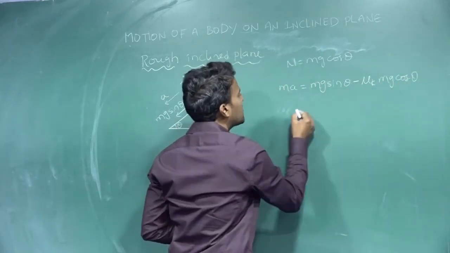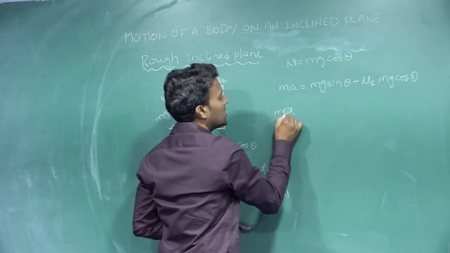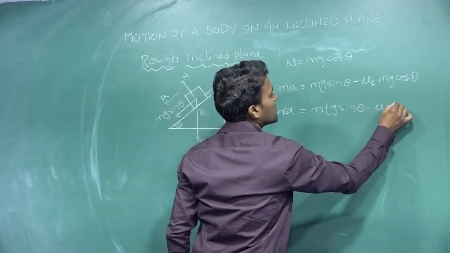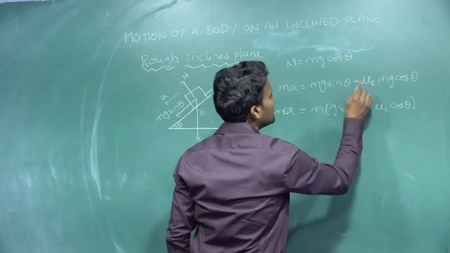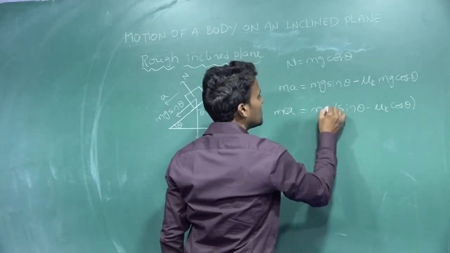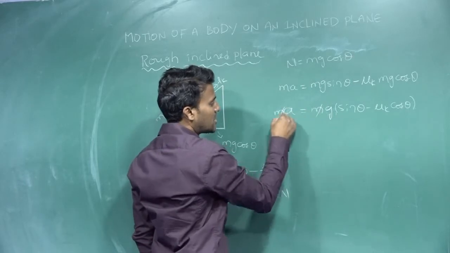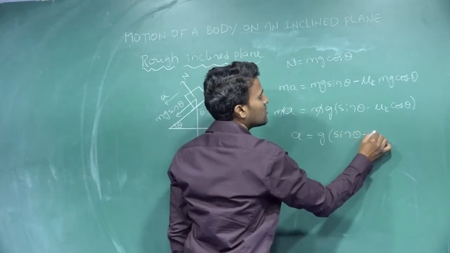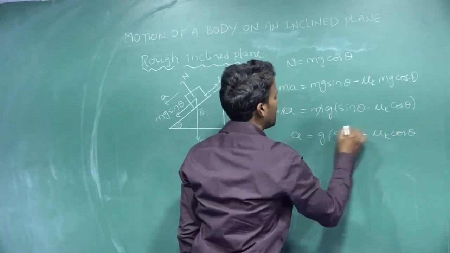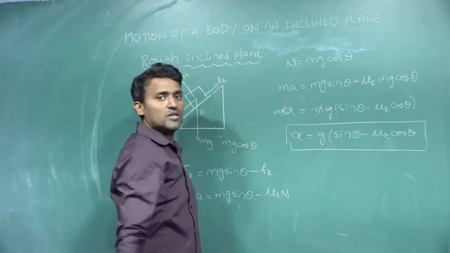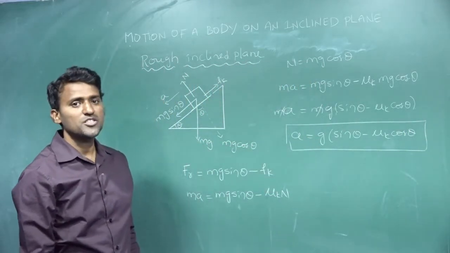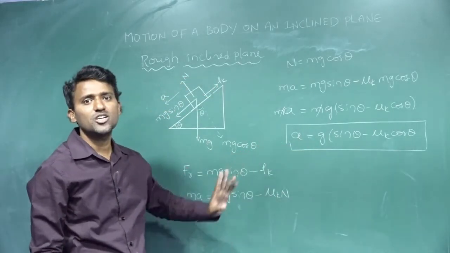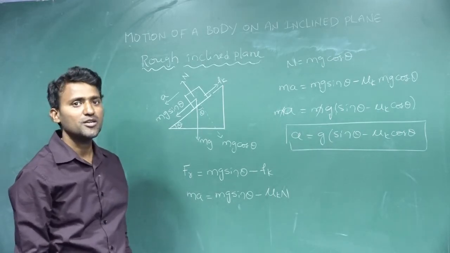If I take mg as common, ma is equal to mg into sin theta minus mu k cos theta, and m gets cancelled. Acceleration of the block is A equal to g into sin theta minus mu k cos theta, as the object is sliding downward.